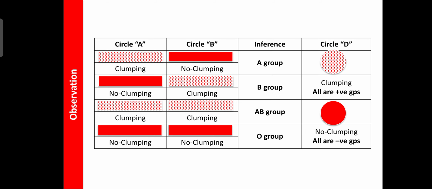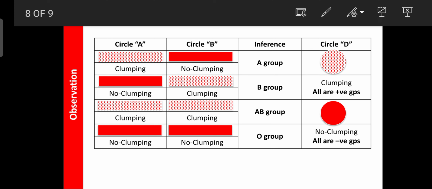Next, regarding the observation, you note down the circles. Dear students, if clumping occurs, that is, the clot occurs, in blood circle A but not in circle B, it means that blood group is A. Only in the A side does clumping occur, meaning the antigen is present. But in the B circle there is no clumping. The blood cannot be separated like a curd.